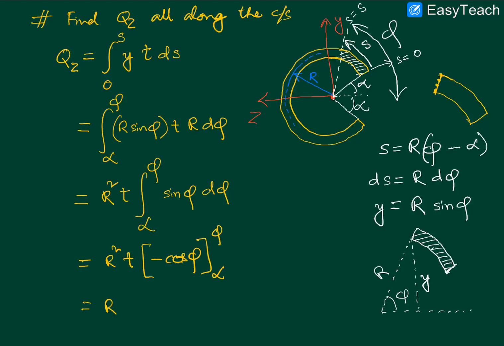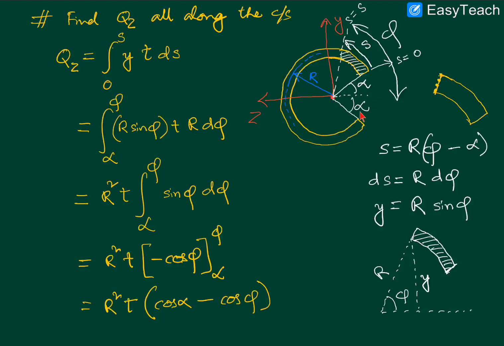So the expression for Qz turns out to be R square t times cos alpha minus cos phi. This phi here represents a generic point, so the value of this Qz varies as we move phi from alpha to this point here.